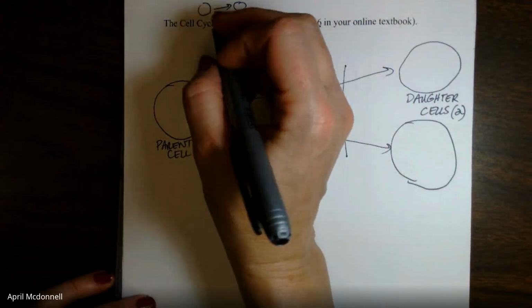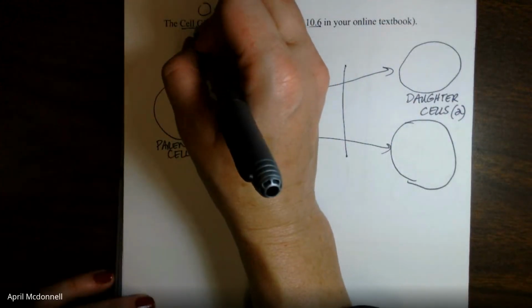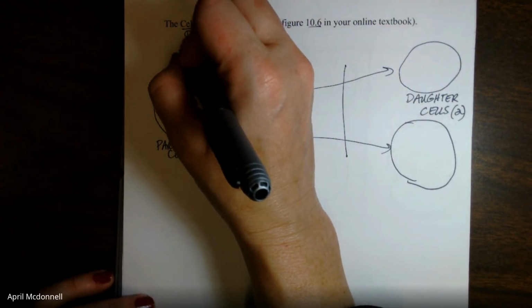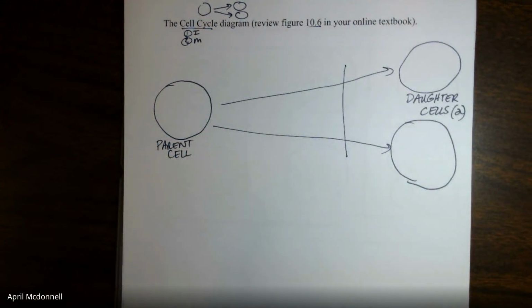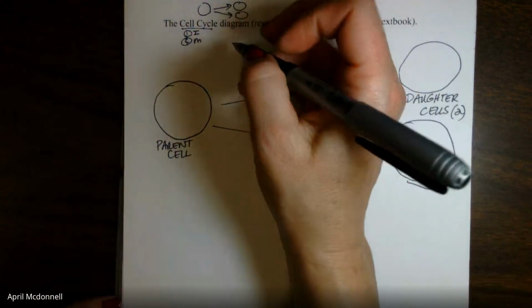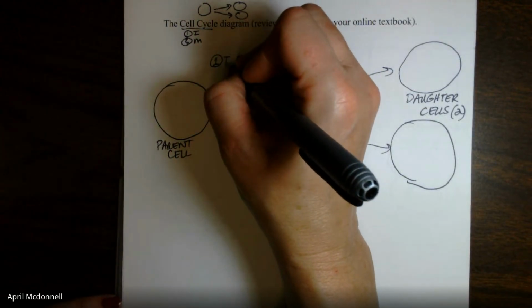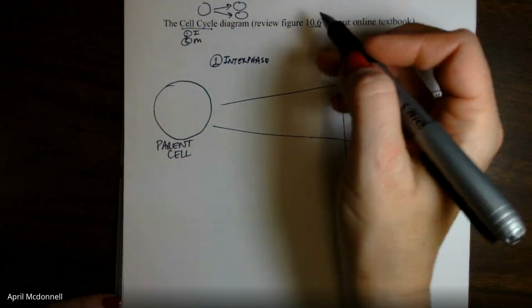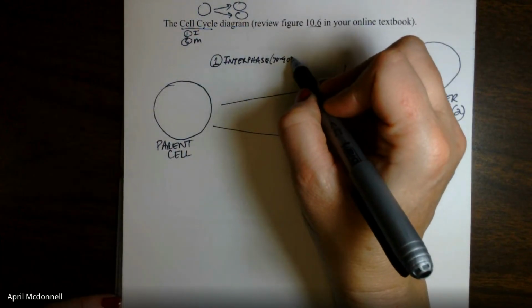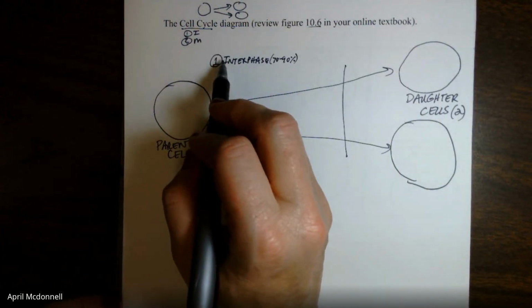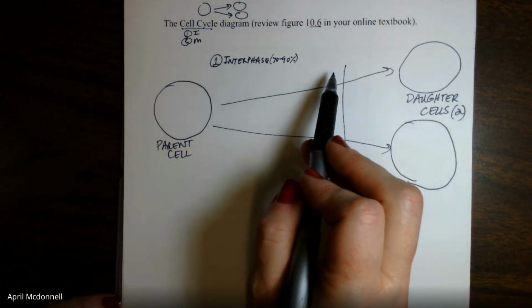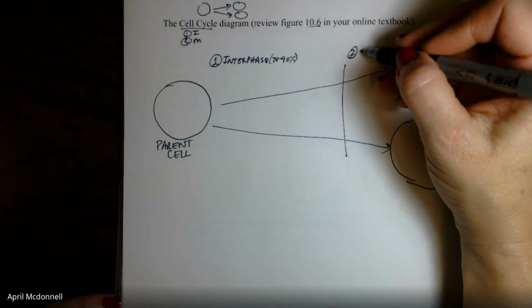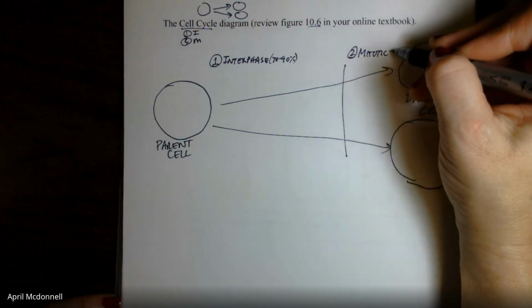The first portion of the cell cycle, remember, it's made of 2 parts: interphase and mitotic phase, which we learned about on previous pages. So the first part is going to be interphase. And this lasts from 70 to 90% of the cell cycle. So it takes a very large chunk of the cell cycle. And then the second part of the cell cycle is going to be called mitotic phase.